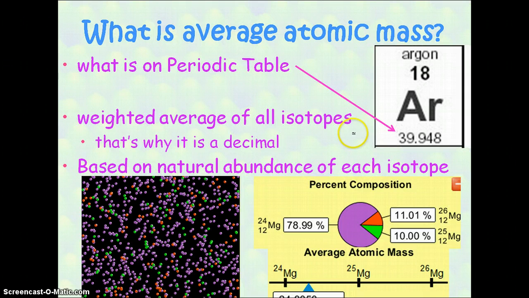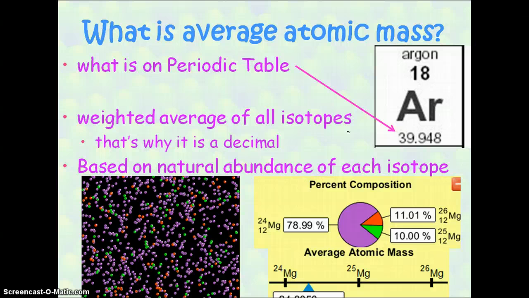All right, now let's talk about the number on the periodic table, the mass number, which is actually not the specific mass of any isotope, but rather it is the average atomic mass of all the isotopes, okay? So basically they take all the isotopes' masses and their percentage in nature, which we call their percent abundance, and they do a little calculating and they get what's called the average atomic mass, okay?